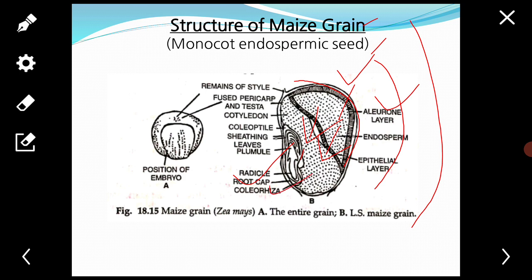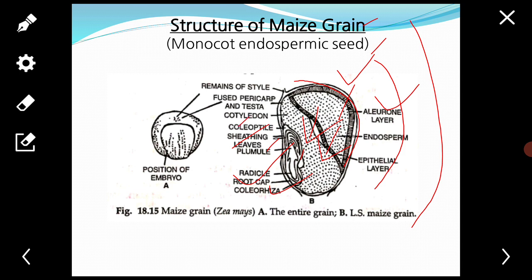The other end of the embryonal axis, which faces toward the broader end of the grain, is called the plumule. It consists of a shoot tip and a few rudimentary leaves. The plumule is surrounded by a conical protective sheath called the coleoptile.